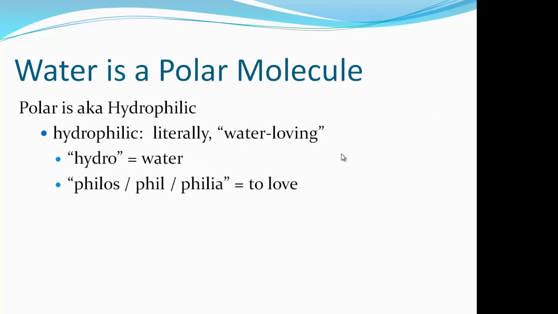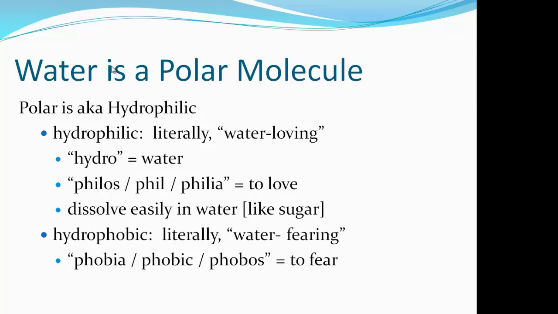All right. Water is a polar molecule. So once again, when we have a water molecule, we have an oxygen and a hydrogen. Oxygen is greedy in this case. It's got 6 valence electrons.